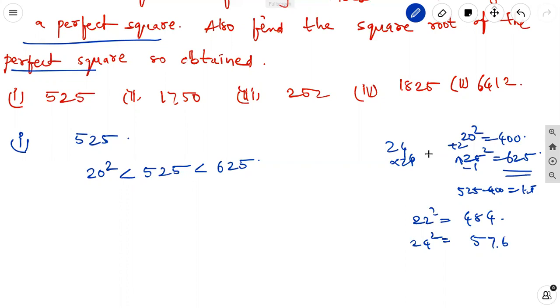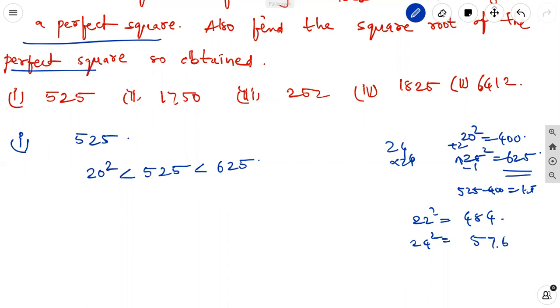576 is 24 square. And again, 22 square; in between, 23 is also there.